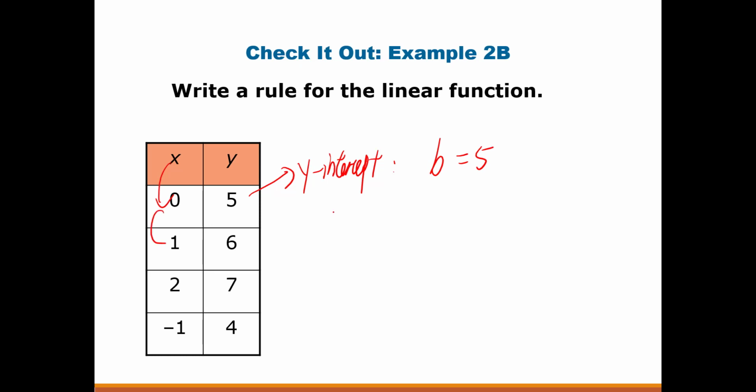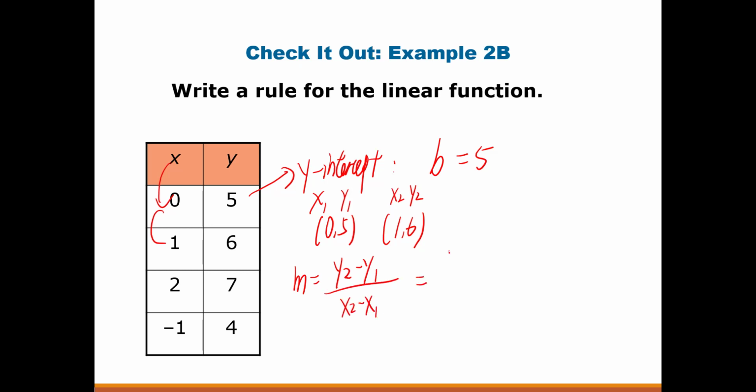So take the first 2 ordered pairs, (0, 5) and (1, 6). Label these x1, y1, x2, y2. And let's find the slope using the slope formula, y2 minus y1 over x2 minus x1. 6 minus 5 over 1 minus 0, so it's 1 over 1. That's 1. So now we know the slope is 1. The y-intercept is 5.